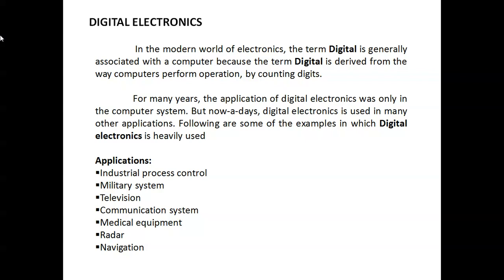Previously, when we went to the theater, the sound was not accurate and some extra sound would come. But nowadays, with the digital surround system, accurate sound is produced because of digital technology.